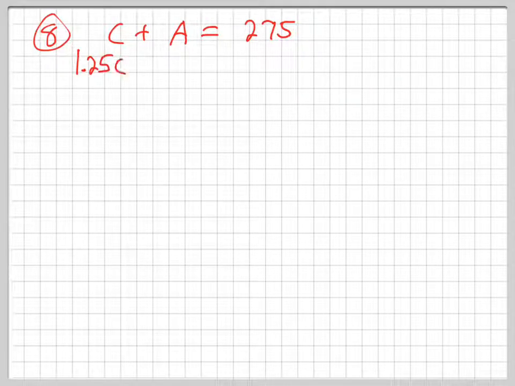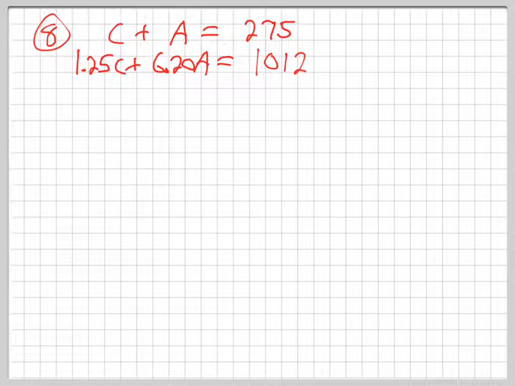So we have, again, children plus adults is 275. And the money for the children, $1.25 for each child, plus $6.20 for each adult must total $1,012. Okay, so how do we do it?